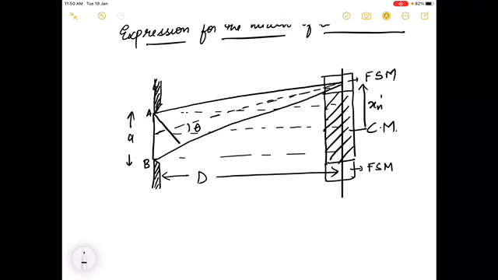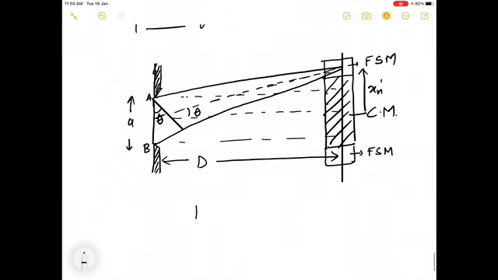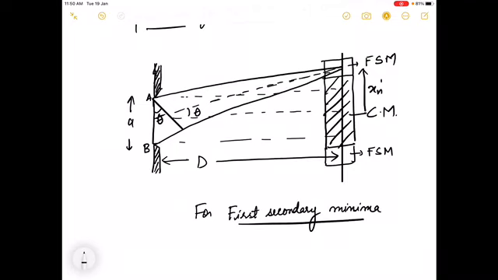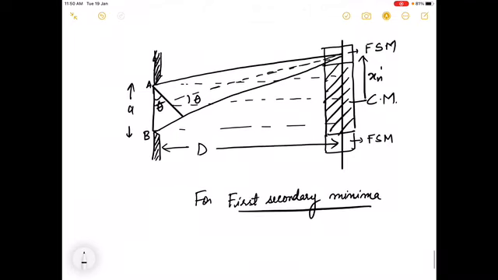And this is the path difference, and this angle is also theta, right? So for first secondary minima, the condition we all know, let me call this point as P, right?